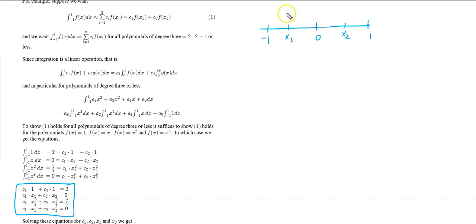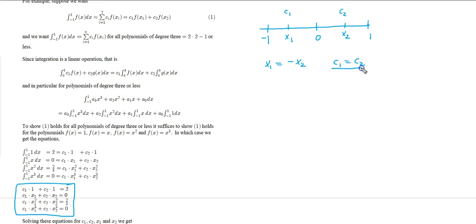And the c's should also have a symmetry. Remember, the c1 goes along with the x1 and the c2 goes along with the x2. So it makes sense that x1 will be just negative x2, and it seems reasonable that c1 should equal c2. Now it's not going to be the negative of c2, but they will be equal to each other.